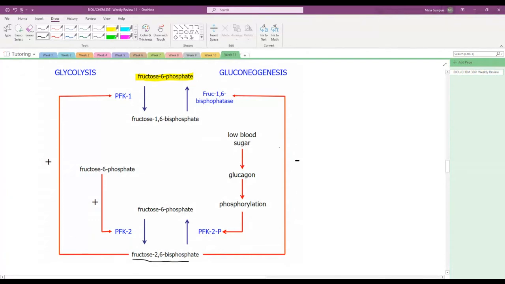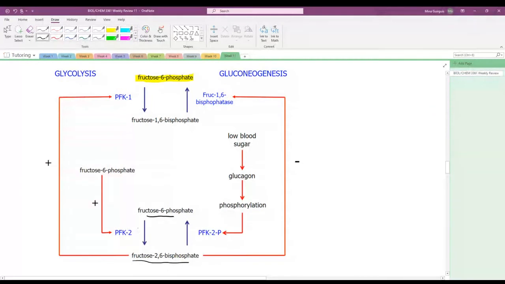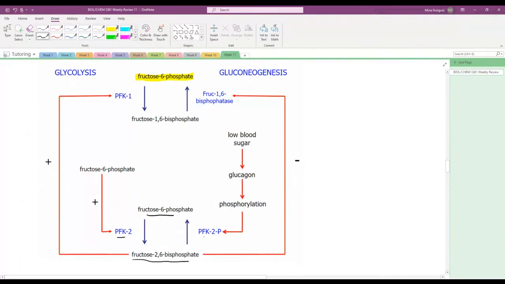So how is that regulated? Fructose 6-phosphate can be phosphorylated by PFK2 into fructose 2,6-bisphosphate. So PFK2 and phosphorylated PFK2 are really affecting things here.